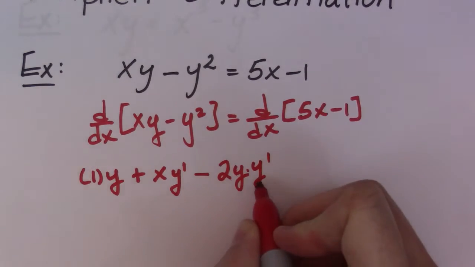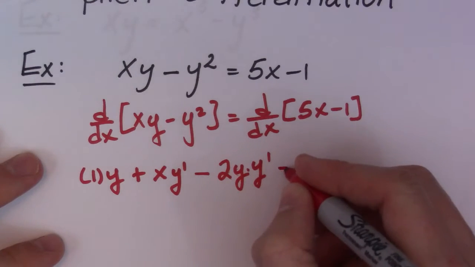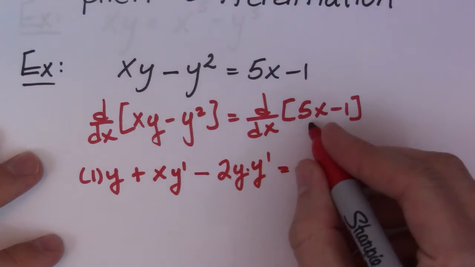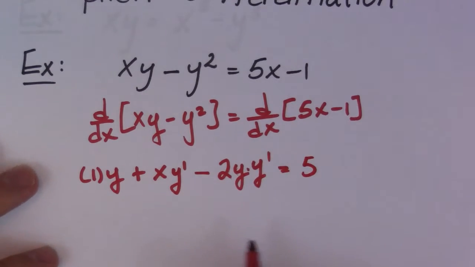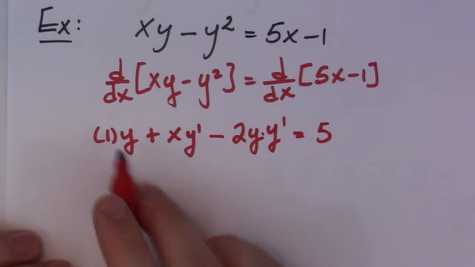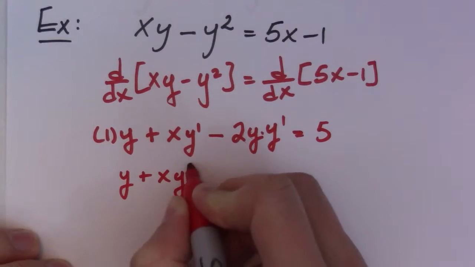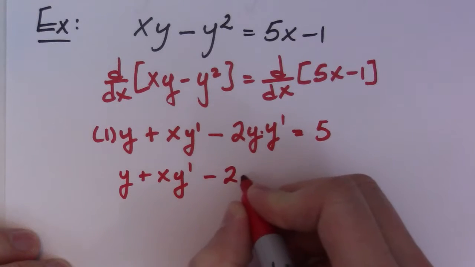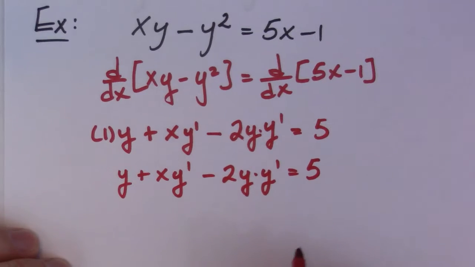So we have to make sure we tack on that y prime every time we take the derivative of anything with respect to x, if it's y. Then the derivative of 5x is just 5, and of 1 is 0. So there we go. I'm going to rewrite it to get rid of this bracket: y plus xy prime minus 2y times y prime is equal to 5.